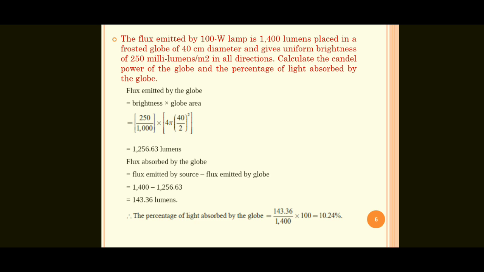That is the flux emitted by the source. So 1400 minus 1256.63, now this value becomes 143.36 lumens.